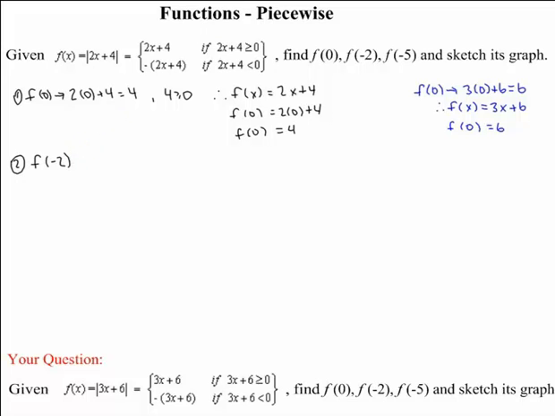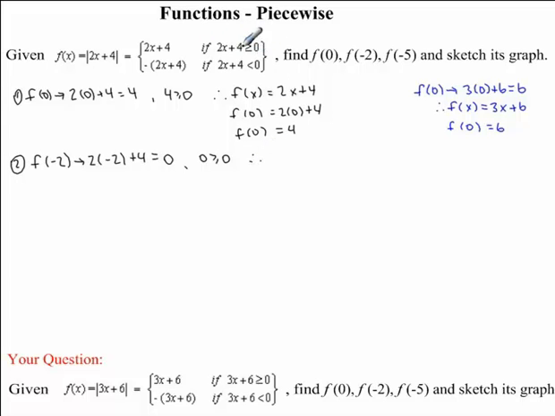Once again, we need to substitute our x equals negative 2 into this 2x plus 4. So we have 2 times negative 2 plus 4. Negative 2 times 2 is negative 4 plus 4 will give us 0. So again, it satisfies this restriction here because we know that 0 is greater than or equal to 0.